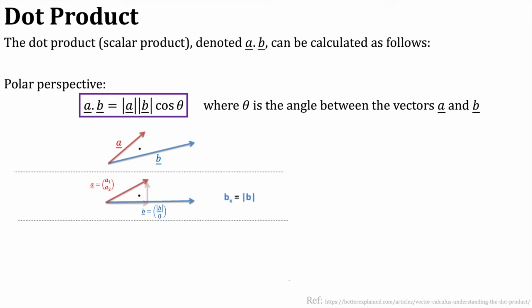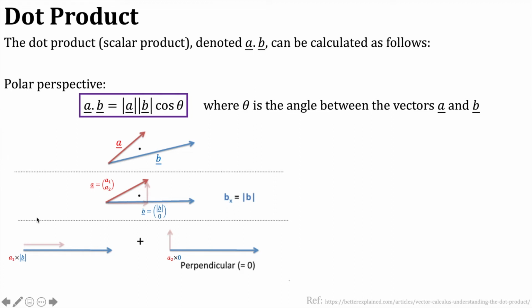So previously we would have combined each component of A with each component of B. We can do this as before, and we'll get A1 multiplied by the magnitude of B plus A2 multiplied by 0, which is the y component of B. Obviously that second one, A2 multiplied by 0, will give us 0, because we've got two vectors which are perpendicular to each other.